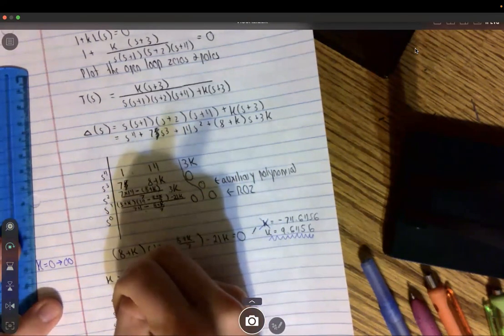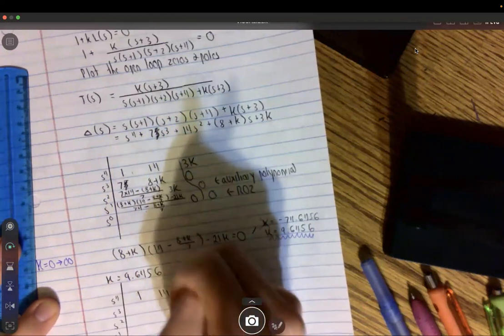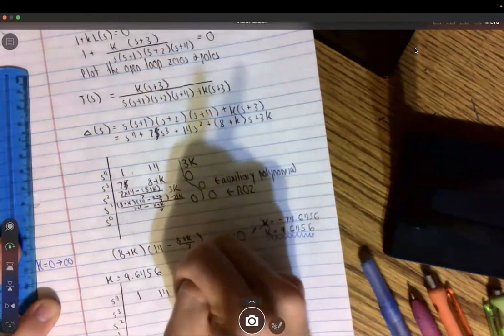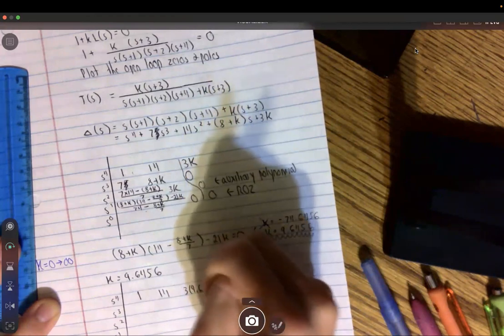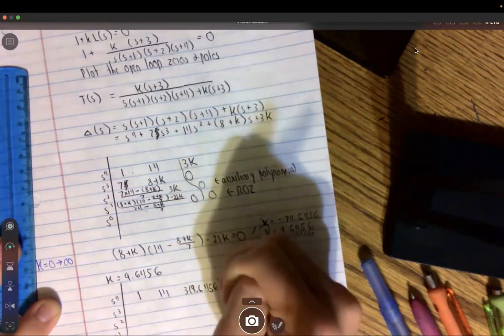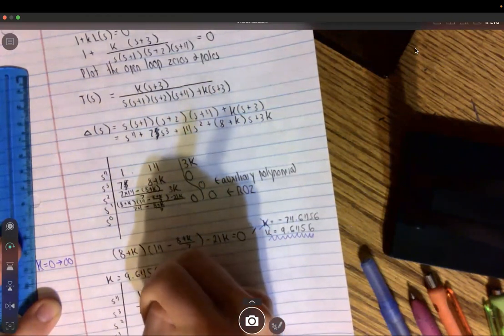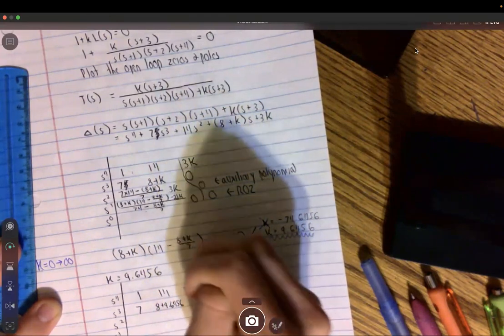You already know what your S4 row is from up above: 1, 14, 3 times 9.6456, because that's the K value we're interested in. Then we have our 7, and then 8 plus 9.6456. Then 0 would come down.